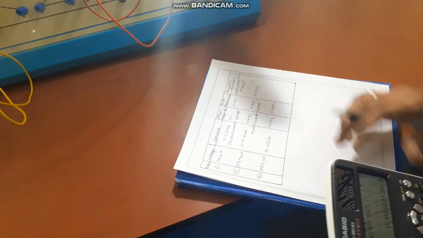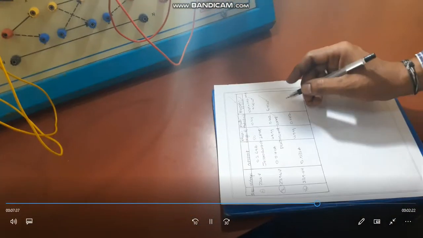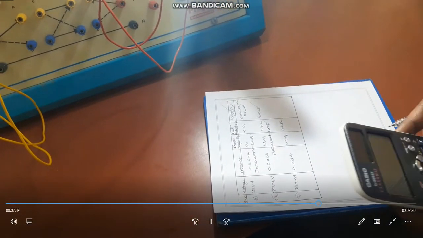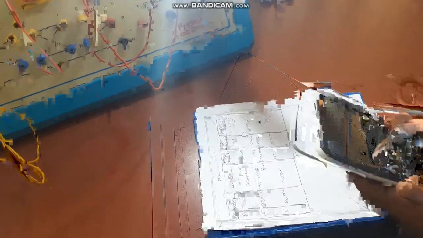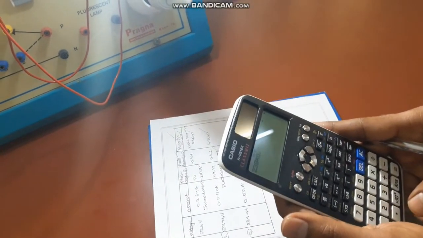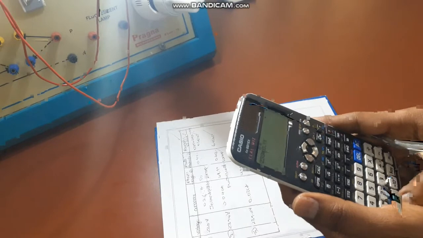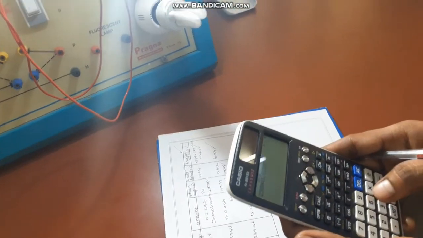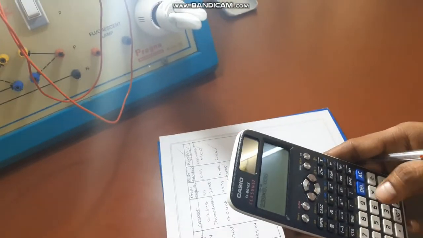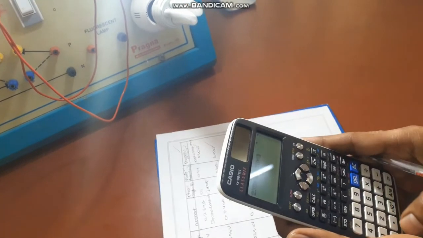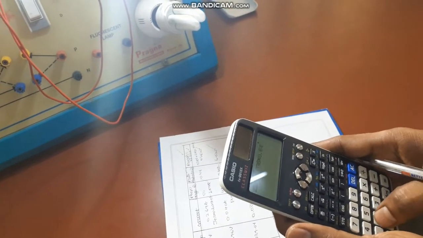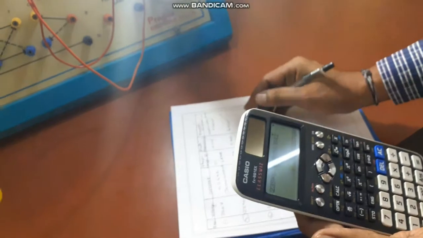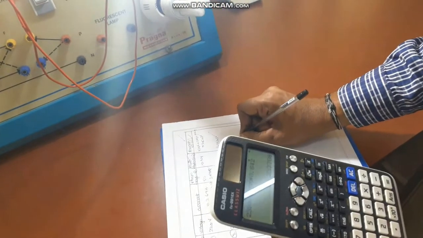To find the power, I multiply 239 into 0.036, that is voltage into current into power factor 0.642. Now the power consumed by the LED lamp is 5.5 watts.